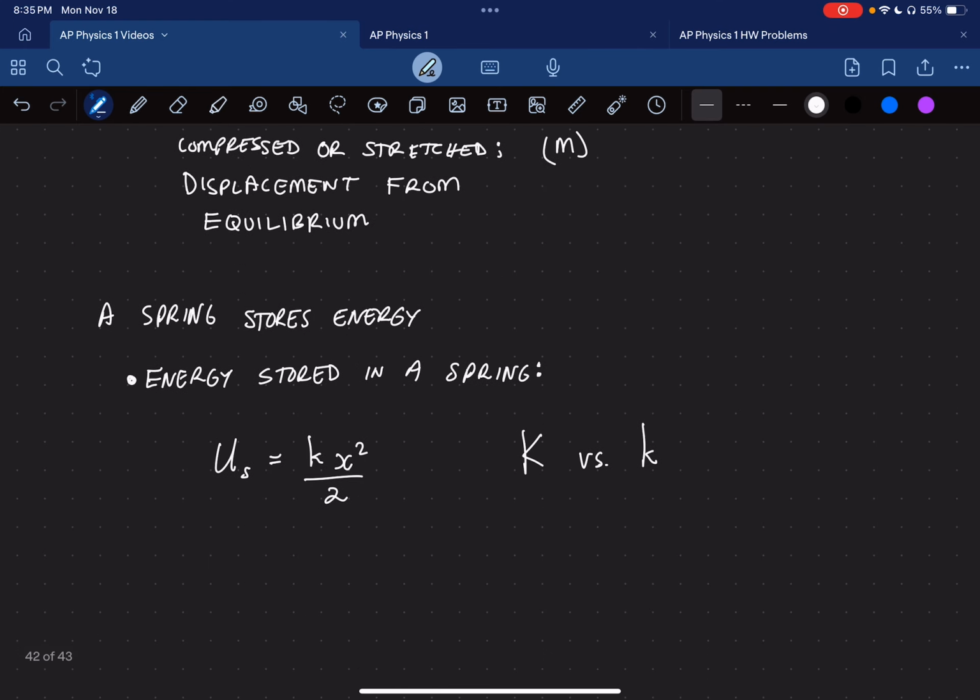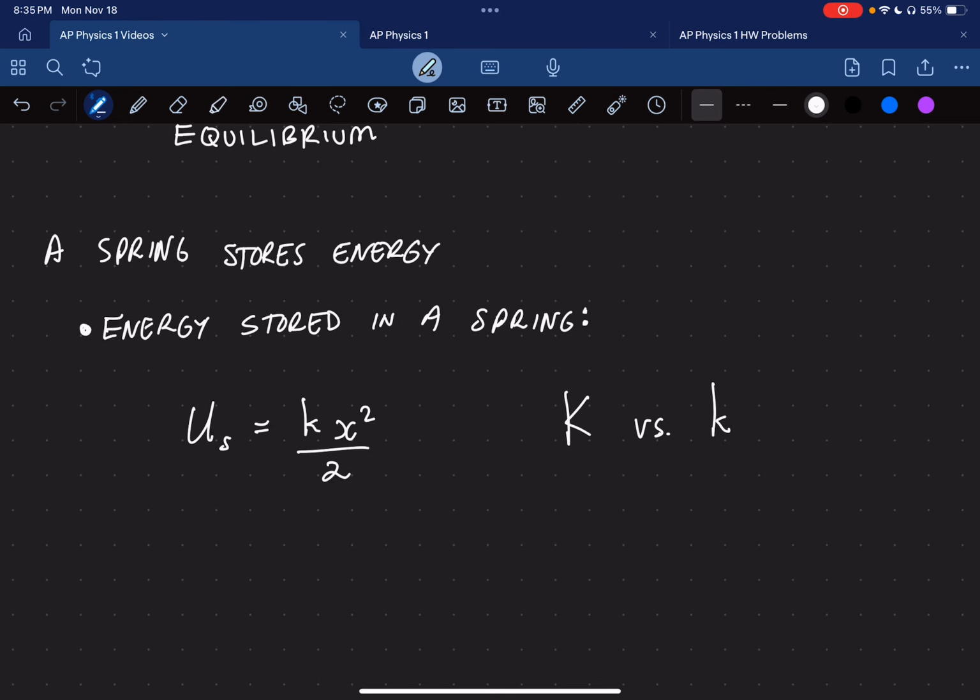And down here, which is more relevant to our examples for today, is whenever you compress a spring, or stretch it for that matter, you are storing spring potential energy, which is capital U sub S, which is kx squared over 2. And so I had this written here from earlier.